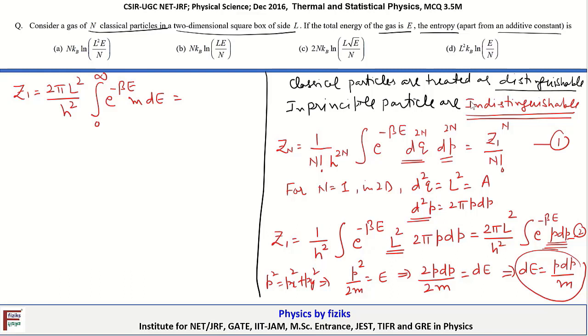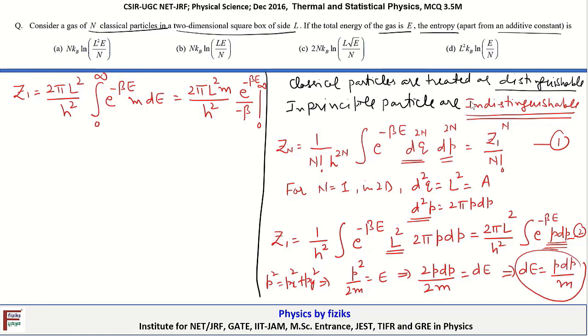So this is equal to 2 pi L square m upon h square, exponential minus beta E upon minus beta, from 0 to infinity.